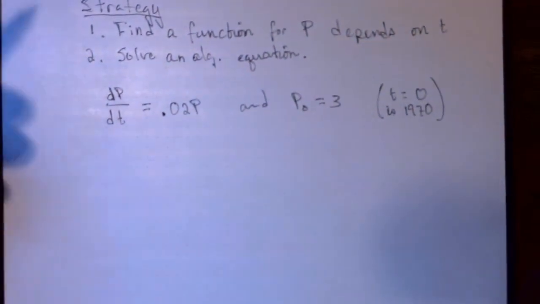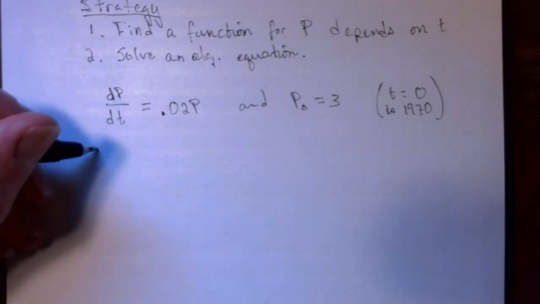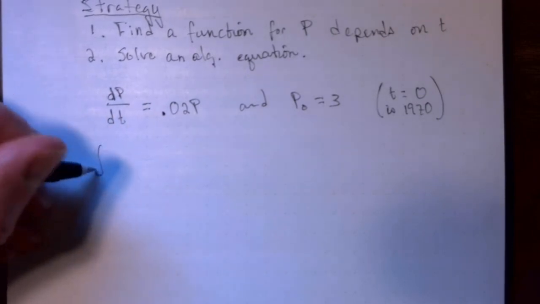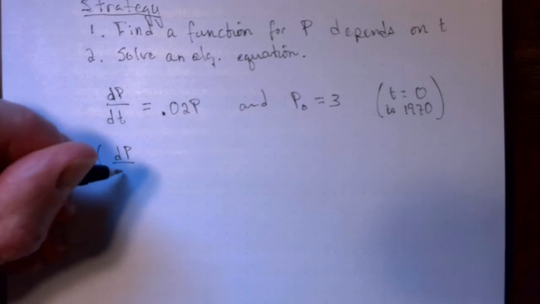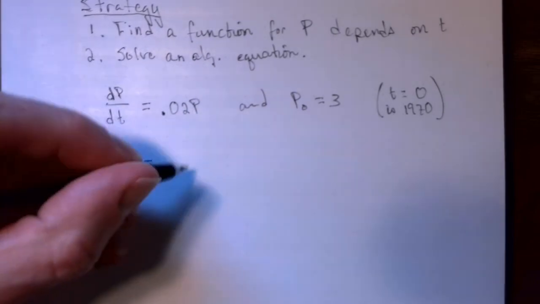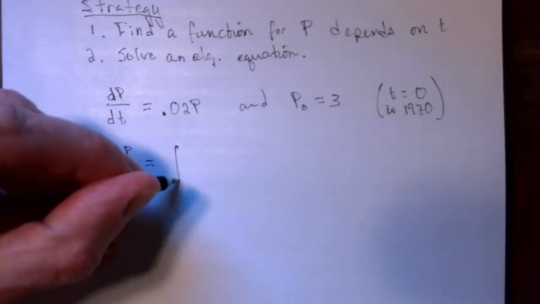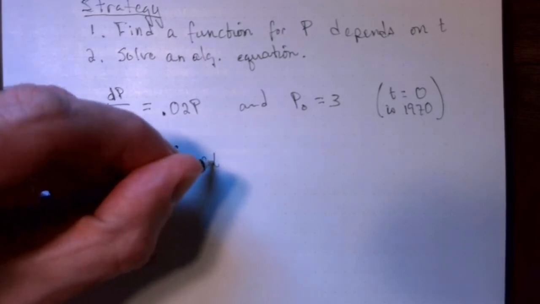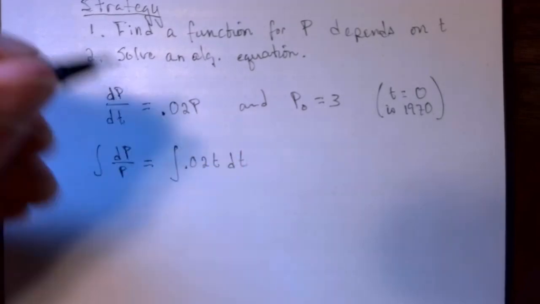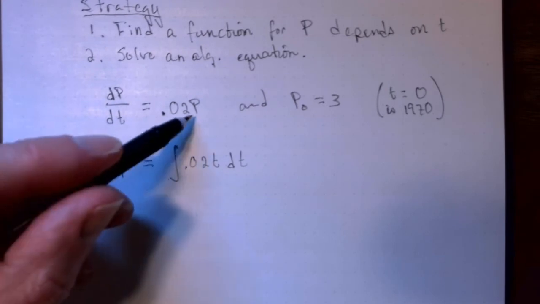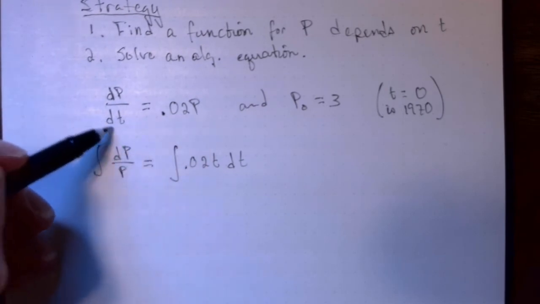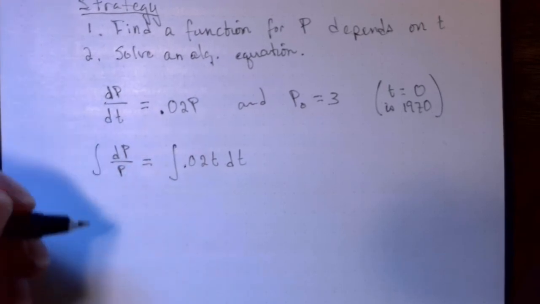Okay, so using our separation of variables technique, we're going to get the p's together on one side, and then everything that doesn't have a p will go to the other side. So we'll divide by p, multiply both sides by dt, and get this.